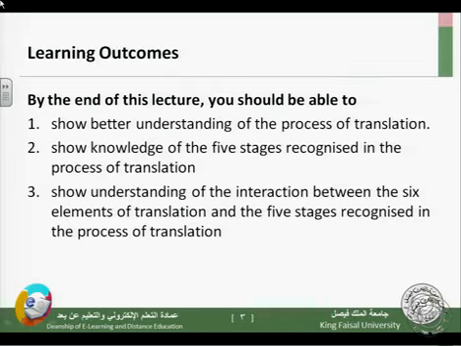In addition to that, you need to show understanding of the interaction between the elements of translation with the 5 stages recognized in the process of translation. So by the end of this lecture, let's hope you will be happy with yourself, saying to yourself, all right, I have achieved the learning outcomes of this lecture.